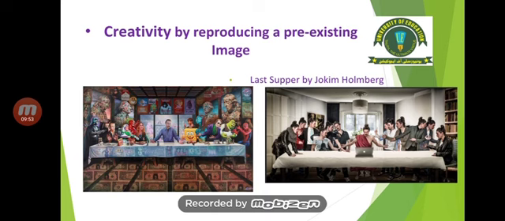Majority of the characters are from Hollywood. On the right side, there is another reproduction of that same image of The Last Supper, and the artist Joachim Holmberg has repeated the image constantly in the same postures as we found in the masterpiece by Leonardo.